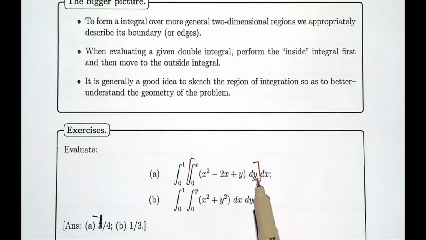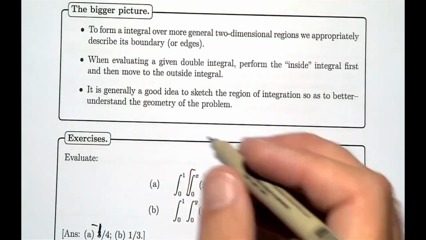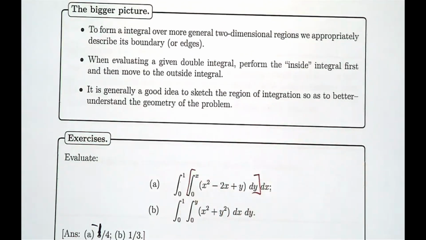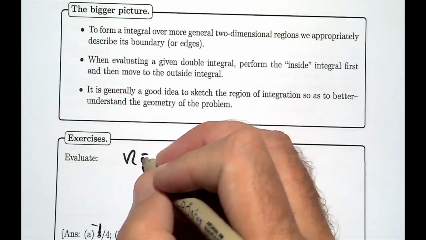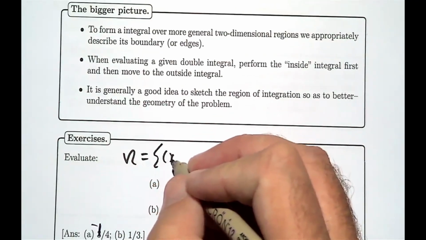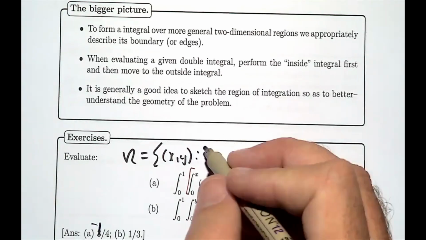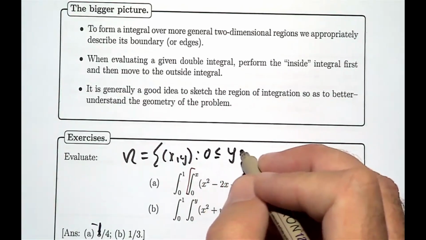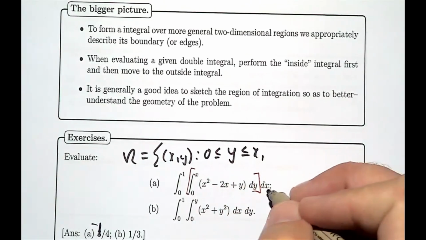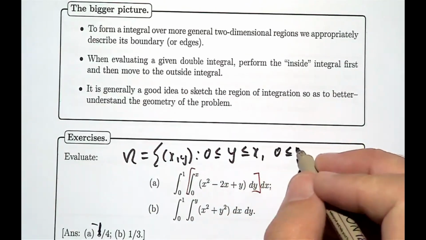So for part A, y is between 0 and x, and x is between 0 and 1.